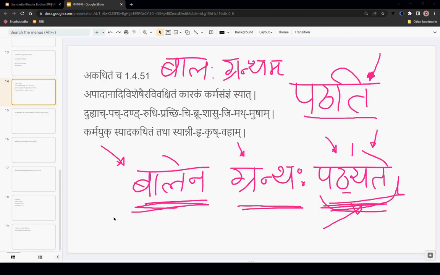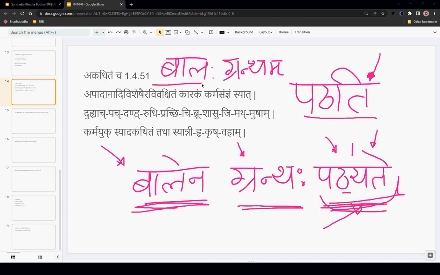Kartrukarakam asti chet. So remember those basic rules before. Similarly here, patati is referring to kartru or kartrutvam.